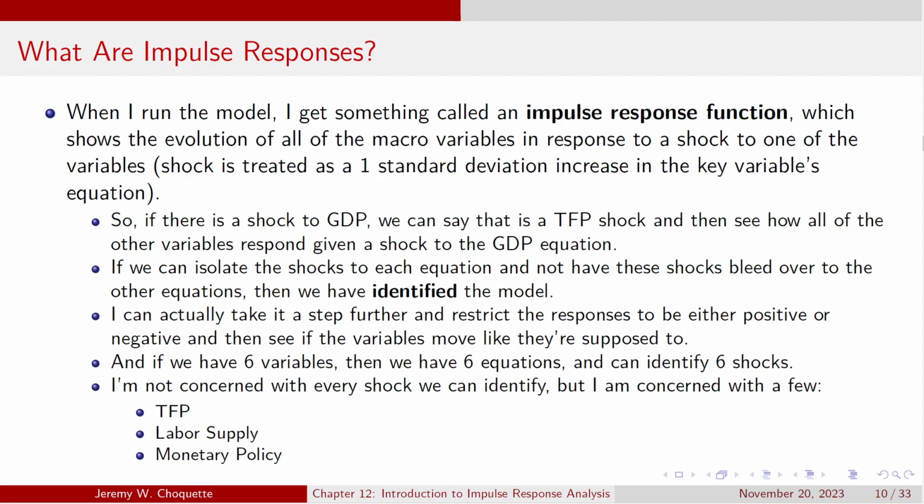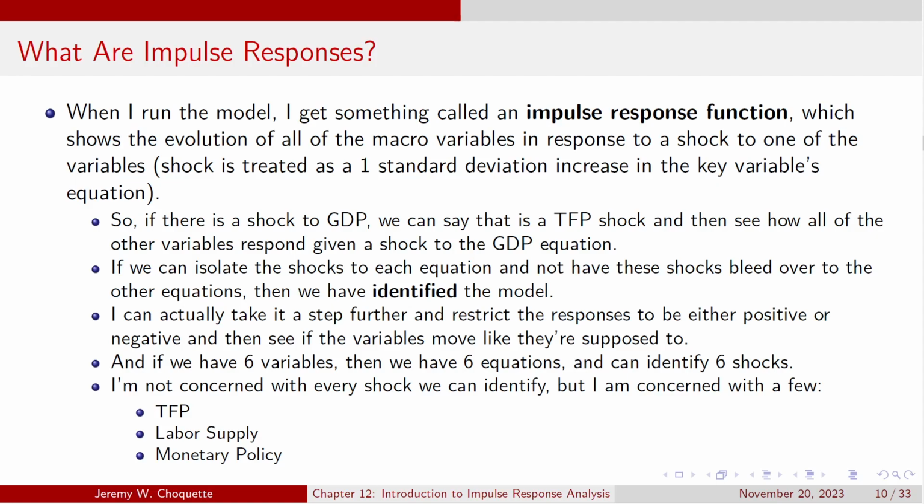Now, it's generally treated as a 1 standard deviation increase in that variable's equation. So if there's a shock to GDP, well, it increases the residual in the GDP equation. And we can say there's a total factor productivity shock and then see how all the other variables respond given the shock to the GDP equation.